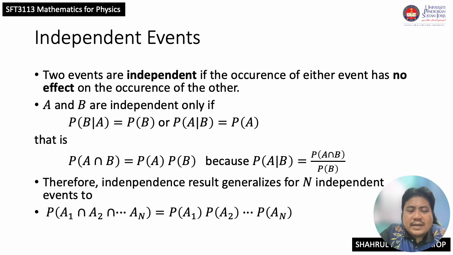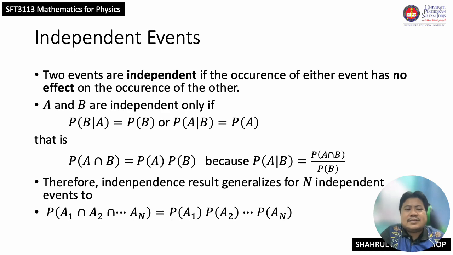Therefore, this is the independence result, generalized for independent events. If we have more than two events, the probability of the intersection of those events, as many as you have, is equal to the multiplication of their individual probabilities.